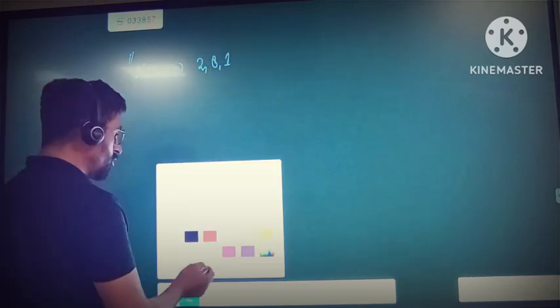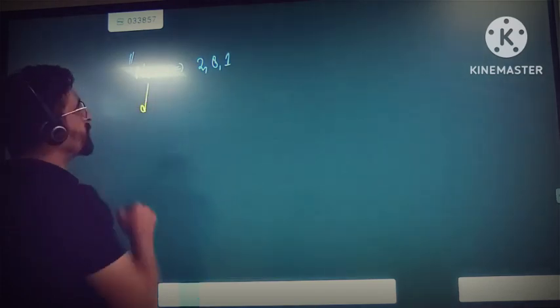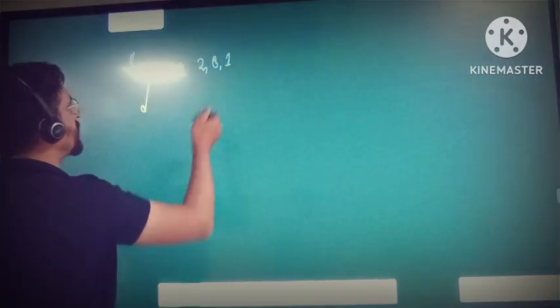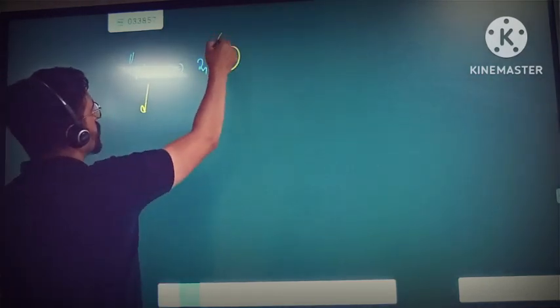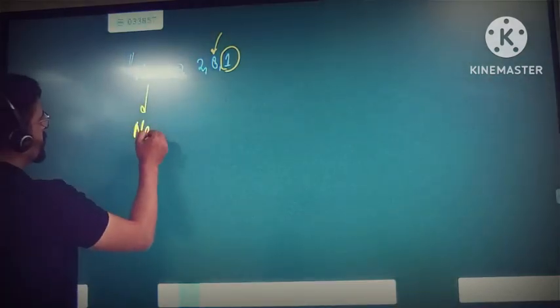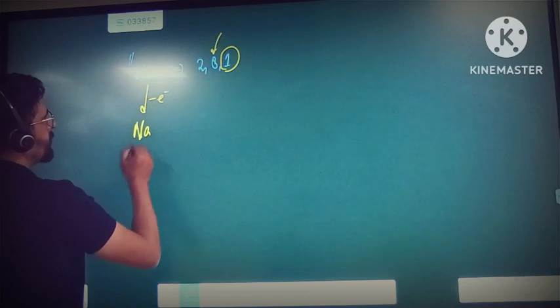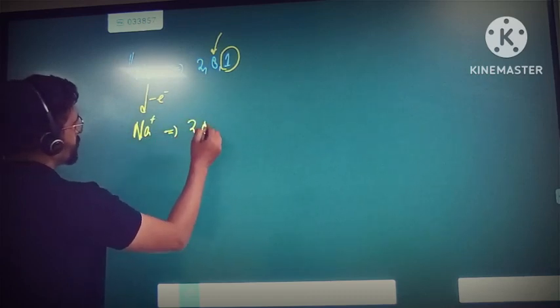Now look into its electronic configuration. This sodium tries to become stable, and to become stable it has to lose this one electron, so that its outer electronic configuration follows the octet rule. So it will be losing one electron. It will become Na+, and its electronic configuration will be 2, 8.